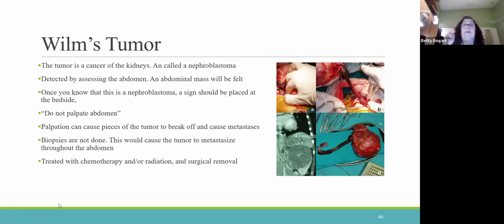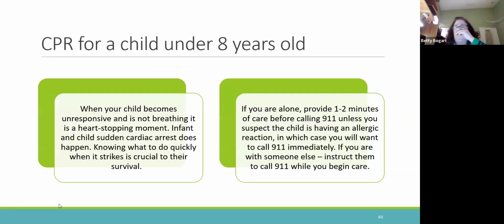They do not even do a biopsy preoperatively because that will open it up into the abdominal cavity. Okay. Postoperatively, you need to be concerned about if they're urinating and if they're moving their bowels.